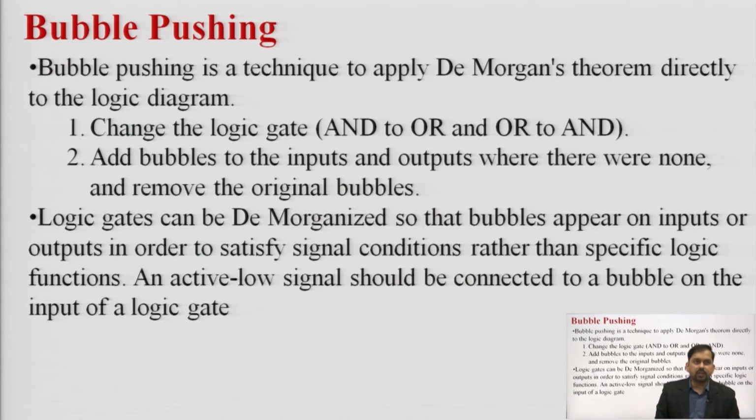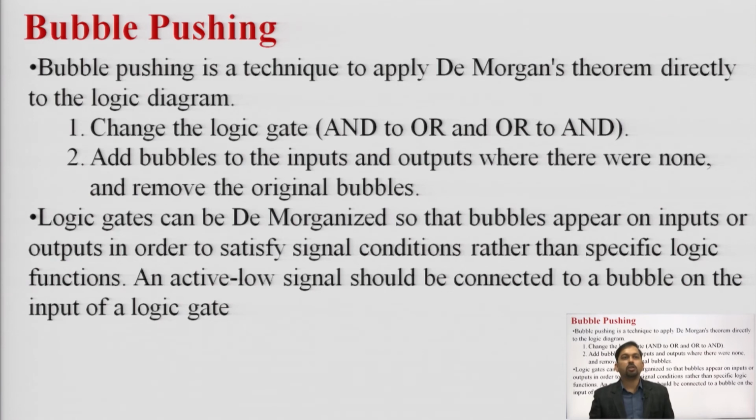So after this we have bubble pushing, meaning using this particular method we can represent any logic gate, any circuit having AND gate, OR gate or any other Boolean function, using NAND and NOR. Bubble pushing is a technique to apply De Morgan's theorem directly to the logic diagram.